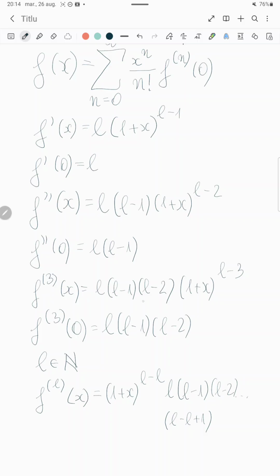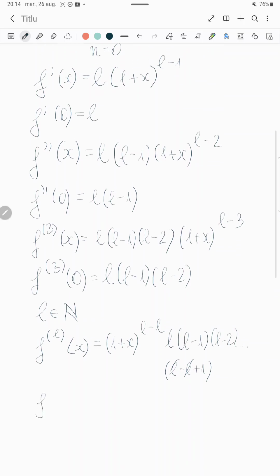Because here we stopped at L minus 2, here at L minus 1, here at L. So we should logically stop at L minus L plus 1, which is 1. So here we have 1 plus x to the power of 0, which is 1, and all this is shortly L factorial.